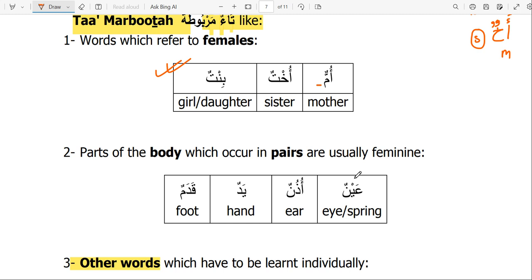For example, eyes. And here, ayn has many meanings. For example, ayn can be a water spring. It can be a spy. Ayn can be a well, and ayn can be an eye, and there is another meaning, but right now I cannot remember it. Yes, the evil eye.